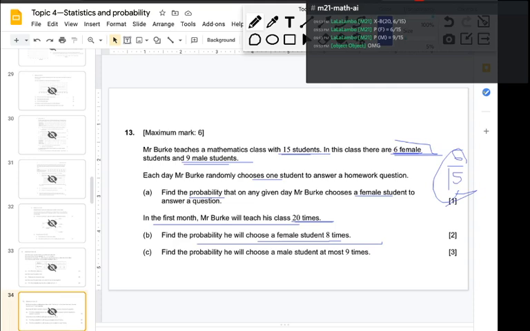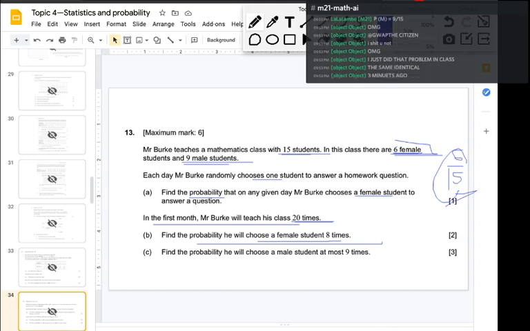For B, you put in the probability that it will... First one, second is binom CF.